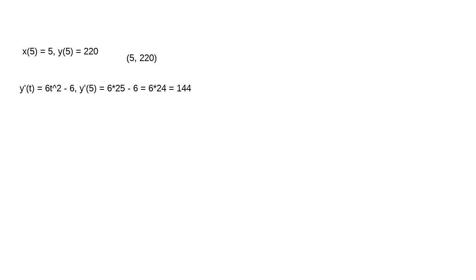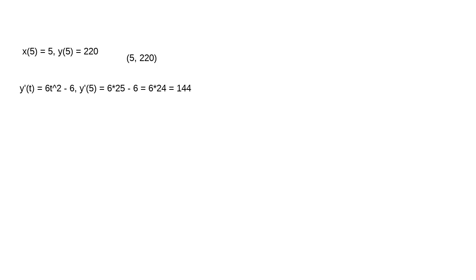So x prime of t equals 2t minus 4, right? So x prime of 5 equals 2 times 5 is 10, 10 minus 4, 6. Oh, I made a mistake here.